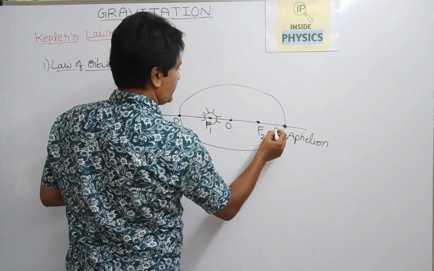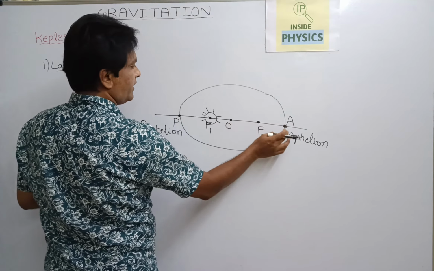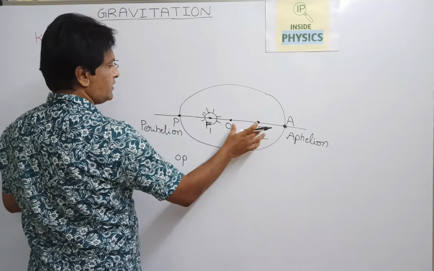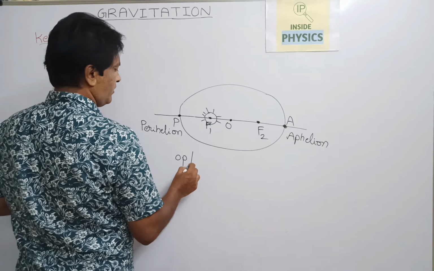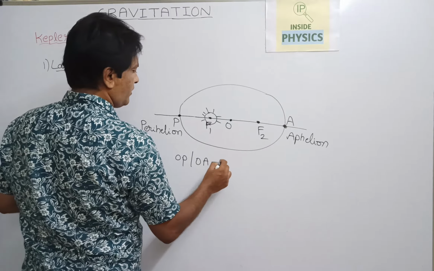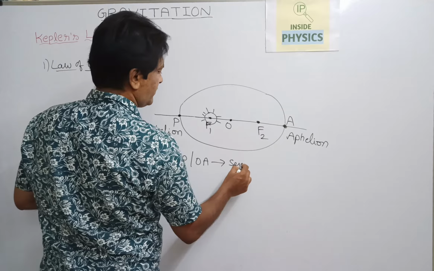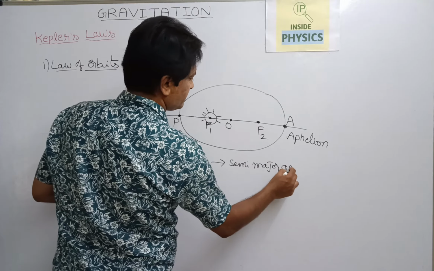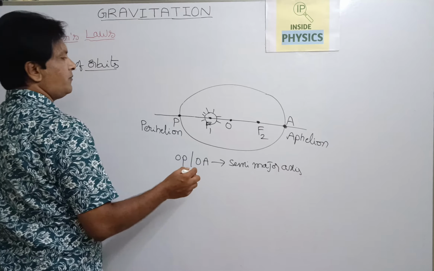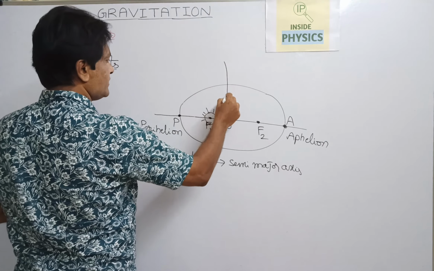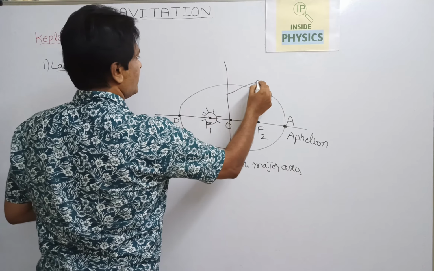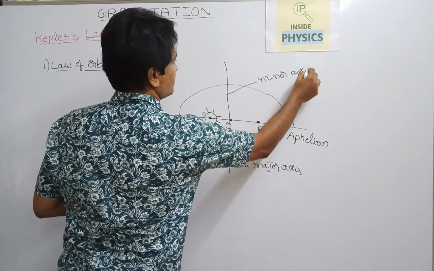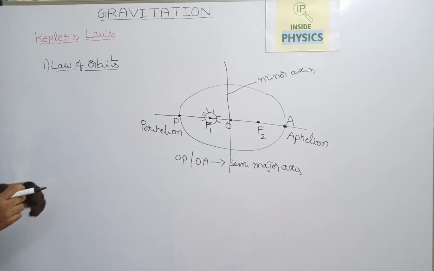Also, if you take the aphelion as A, then OA and OP, the distances to aphelion and perihelion, are called the semi-major axis. The line drawn perpendicular to this major axis is called the minor axis. This is about the first law.